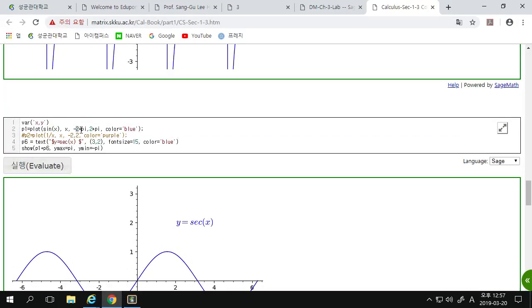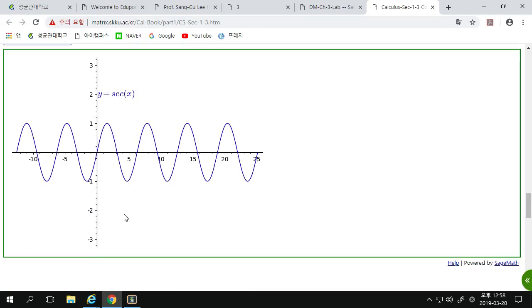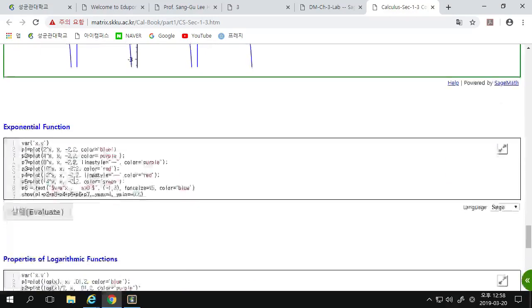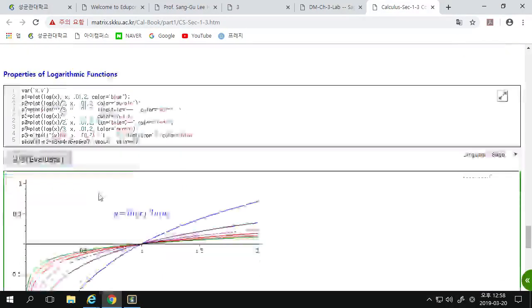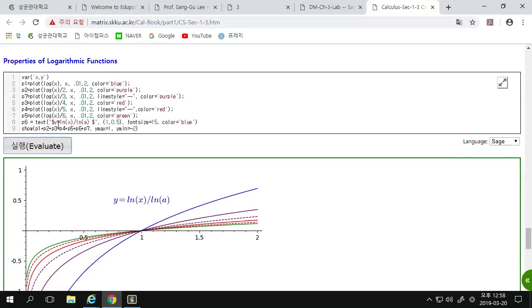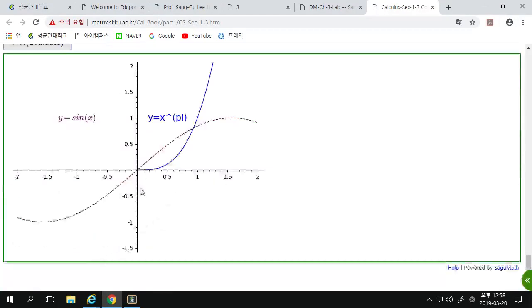You can easily draw functions on the web with your smartphone. You can draw logarithmic or exponential functions, ln of a, and even transcendental functions. So this is the graph of a function, isn't it? You can draw all the graphs.